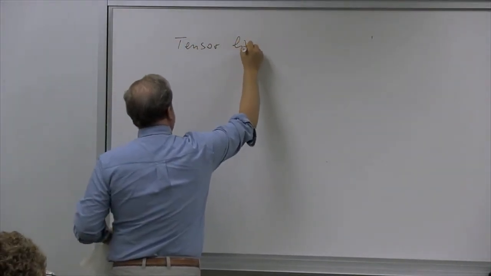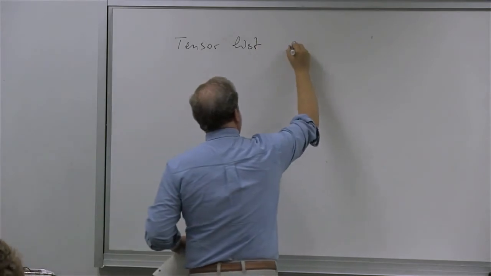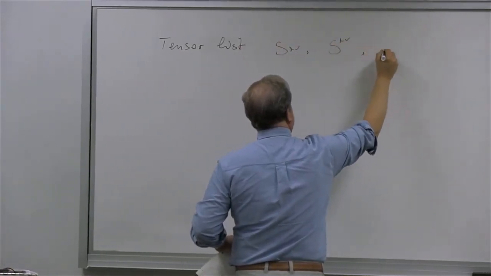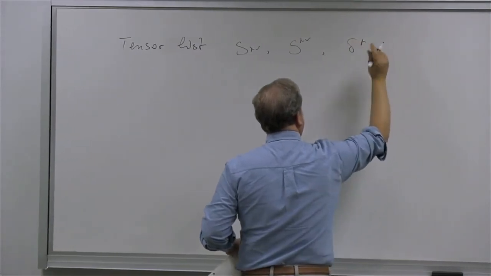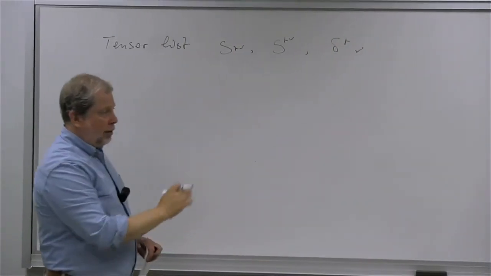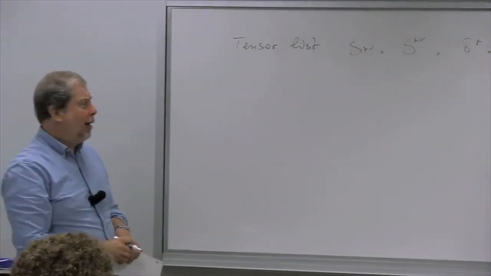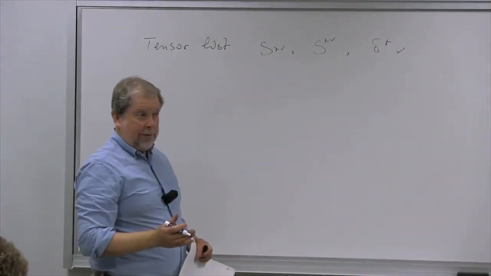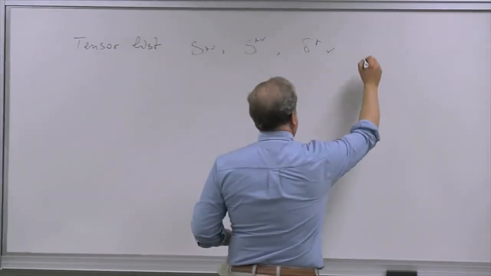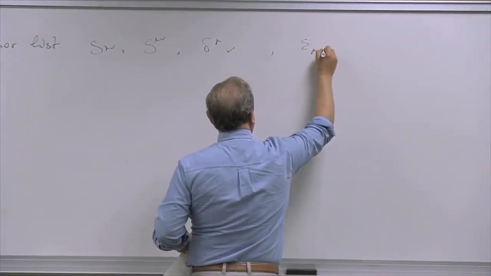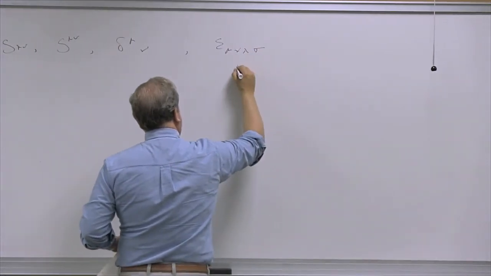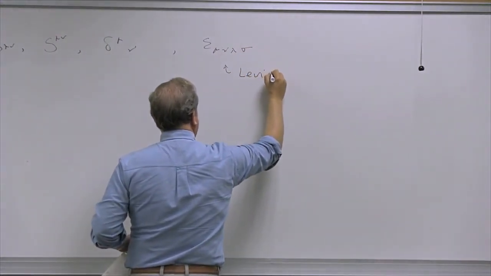The tensor list so far is that we have things like g mu nu, and we have now the g mu nu with the index upstairs, and we had also this Kronecker delta mu nu and a few other things, including that thing which is a scalar, right? And we often encounter also this object, which is epsilon mu nu lambda sigma, right? Which is the so-called Levi-Civita density.